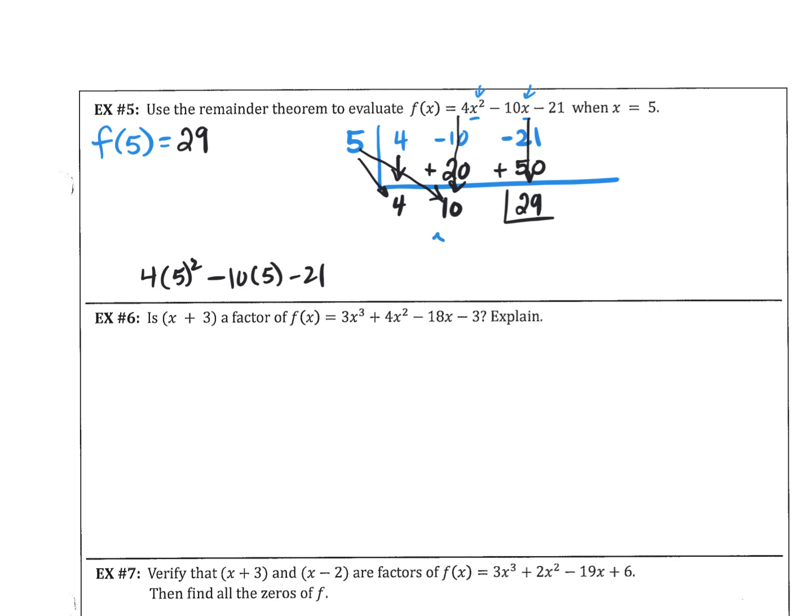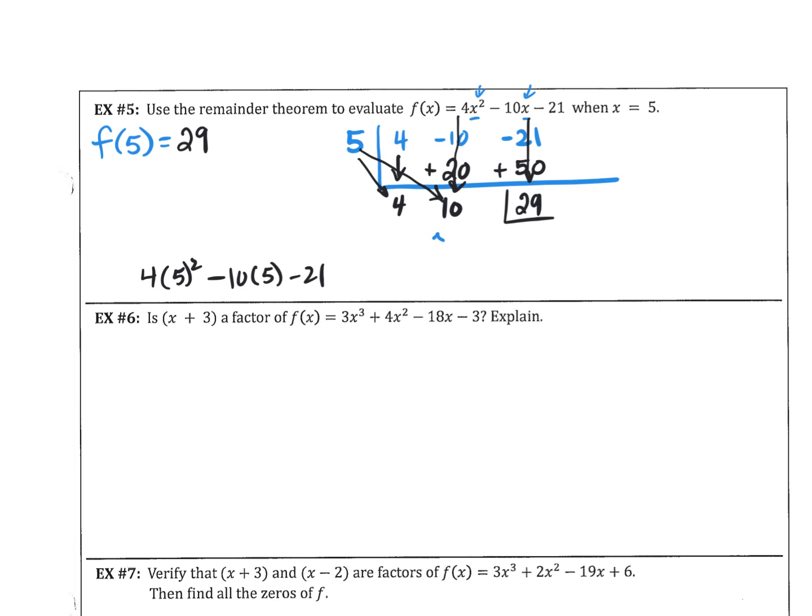Do you see how this works? So if we want to know by substitution what something is, then we can run it through synthetic division and find it. That's the remainder theorem. The remainder is as though you substituted that number into the function. Okay? Get it? The remainder is the value that you get if you sub in.